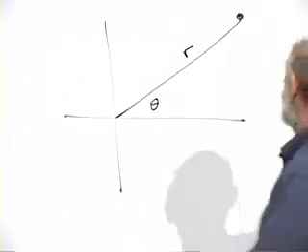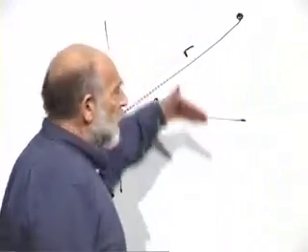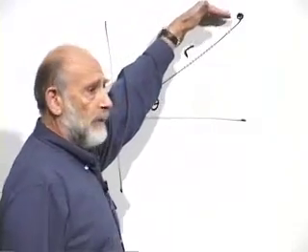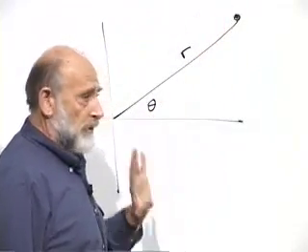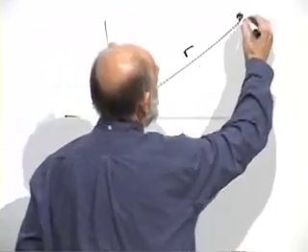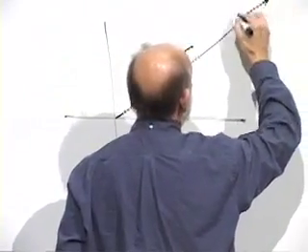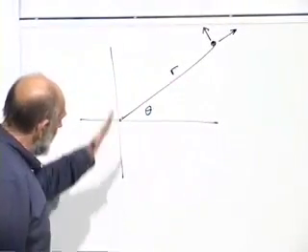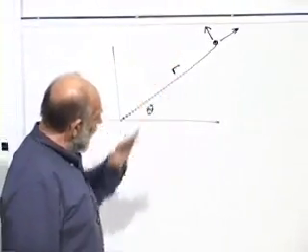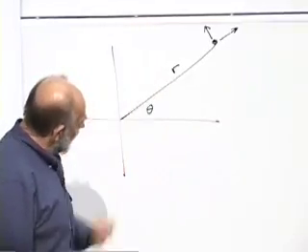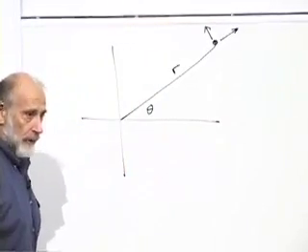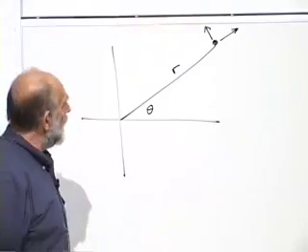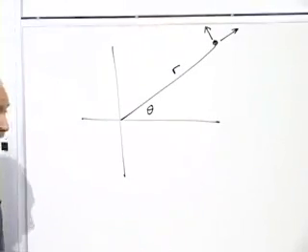Then the components of velocity: we could describe the velocity by the x and y components, but we can also use the r and angular components of velocity, the component along the radial direction and the component perpendicular to it, to describe the velocity vector.